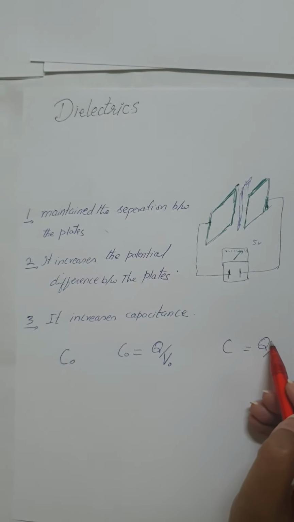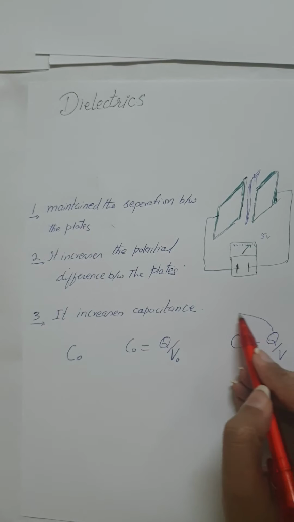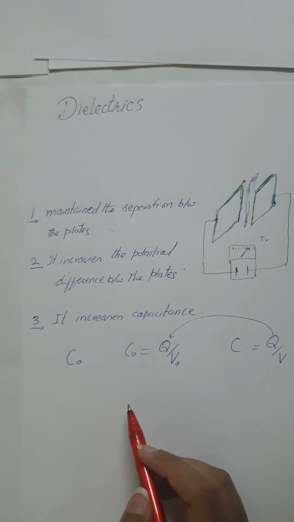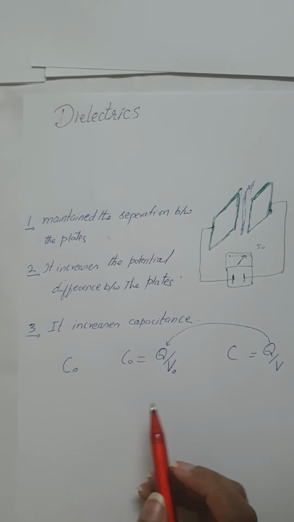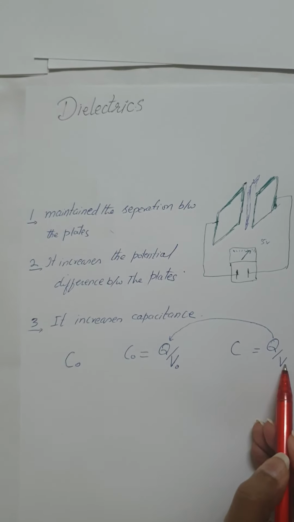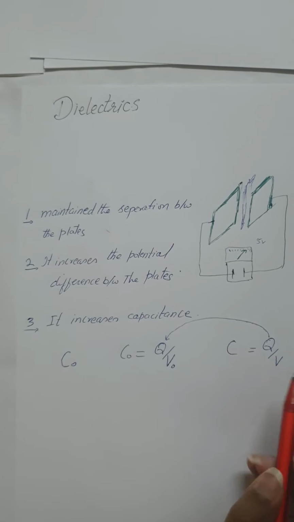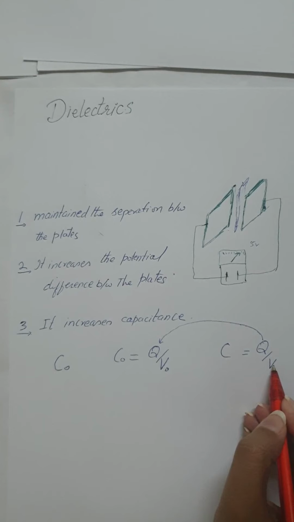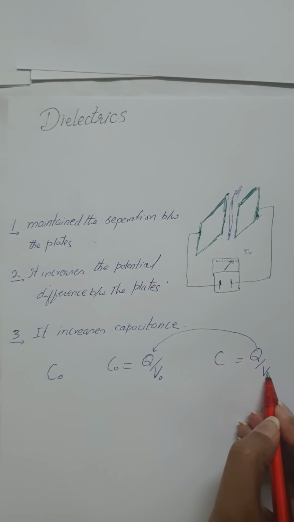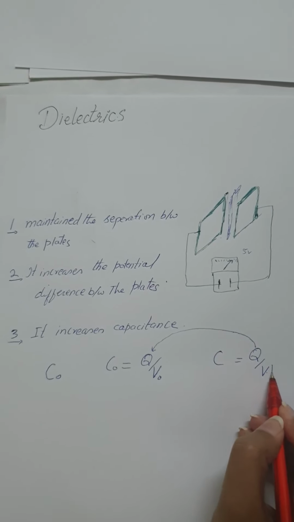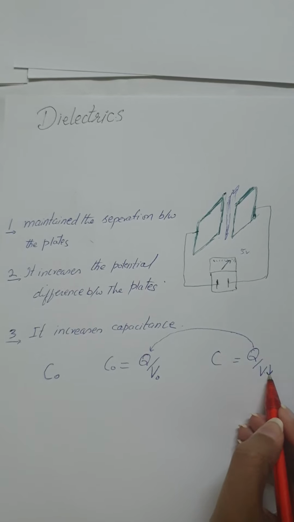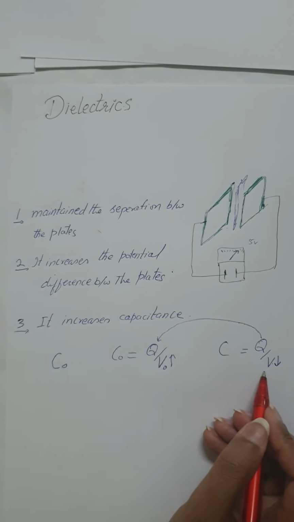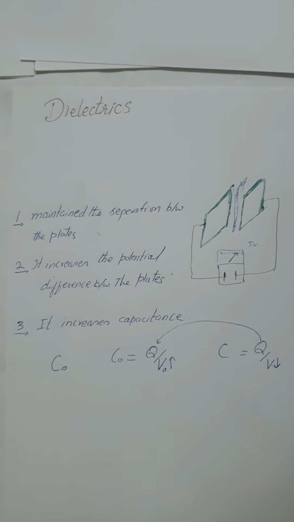The value of the charge is the same in both, and we know that when you put the dielectric in between the plates, the value of the potential becomes less, so this becomes low as compared to the original capacitor, which was high as compared to this.